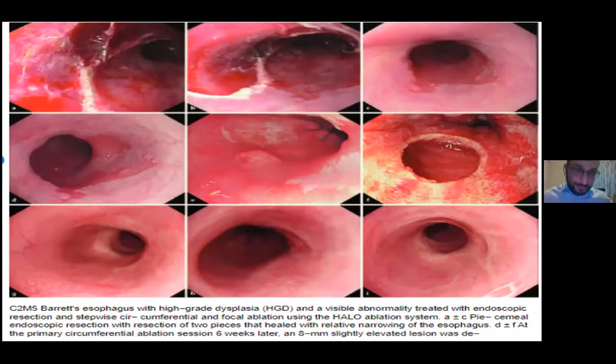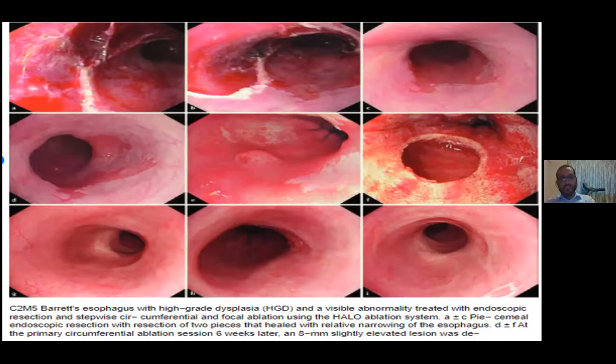This is an example of a patient with high-grade dysplasia treated with radiofrequency ablation. Looking from the top on the left side, A to C, there was a patient treated with radiofrequency ablation, and from D to F, up to 6 weeks after the radiofrequency ablation review, you found in E there's a nodule there.